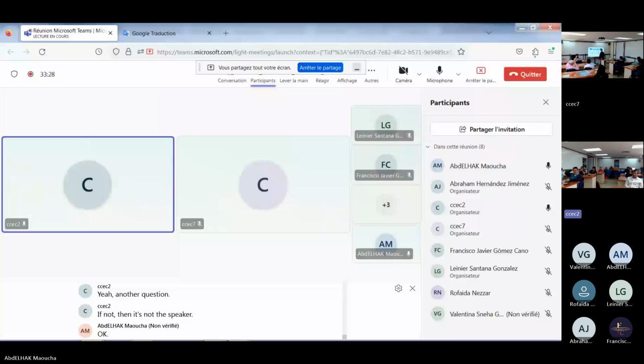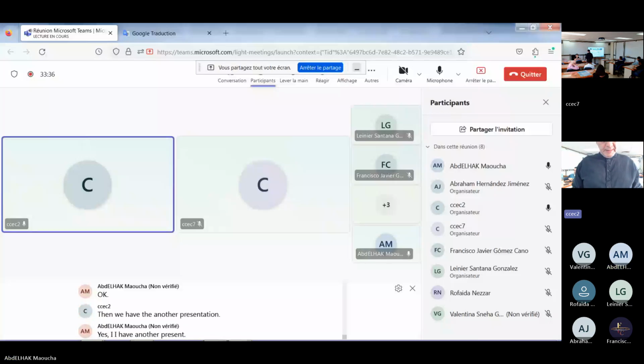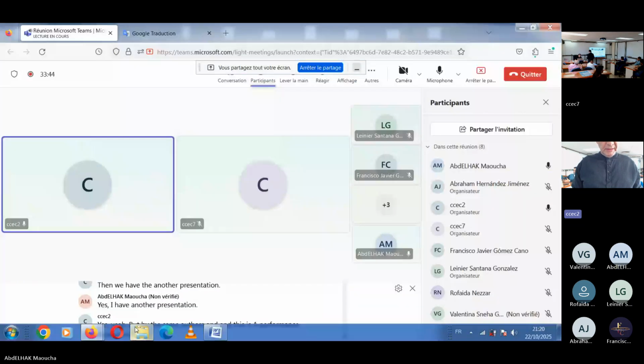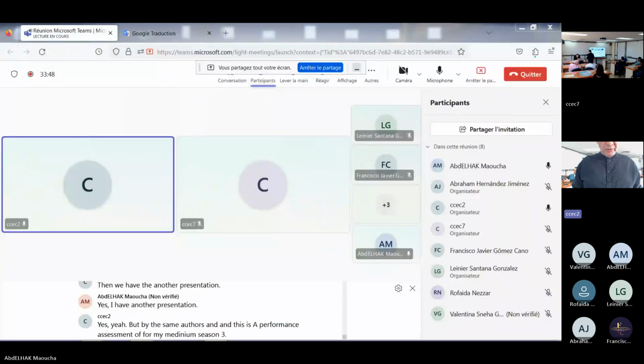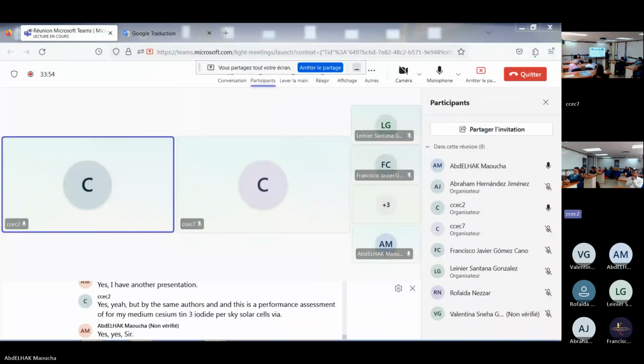And then we have another presentation, by the same authors: performance assessment of formamidinium cesium tin triiodide perovskite solar cells via deep learning. Okay, sir, initiate.